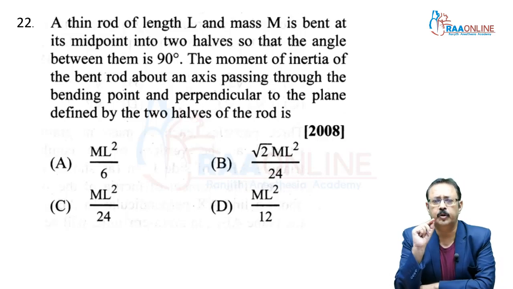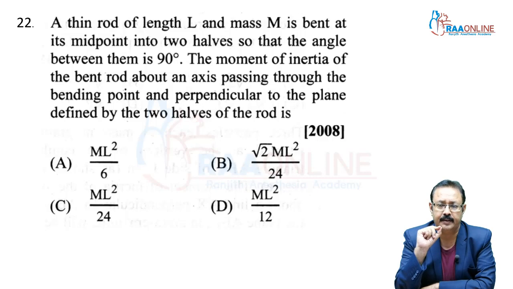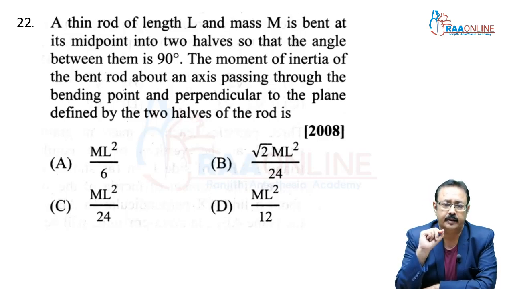Next, from 2008 AIPMT, a thin rod of length L and mass M is bent at its midpoint into two halves so that the angle between them is 90 degrees.